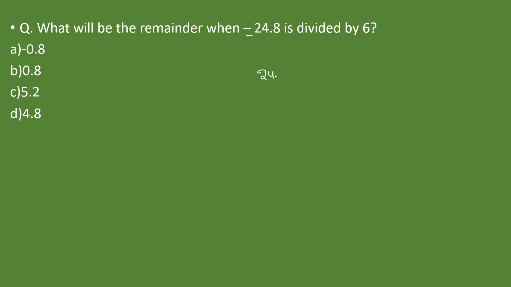So we will try to divide 24.8 by 6. General method only I will go: 6 fours are 24. When you subtract it, you will get 0.8. For this, the remainder is 0.8.